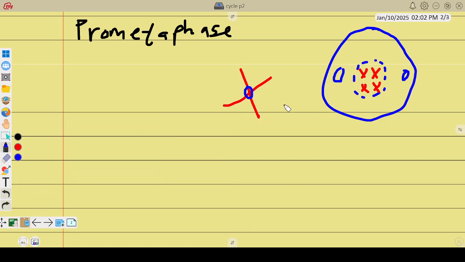Now when the kinetochores appear, I just mentioned the centrosomes but didn't talk more about them. The function of the centrosomes is to produce mitotic spindle fibers. There are structures called spindle fibers, which are produced from the centrosome.